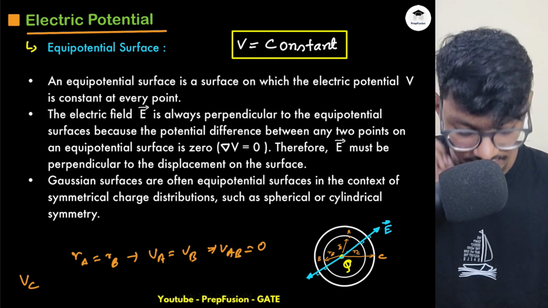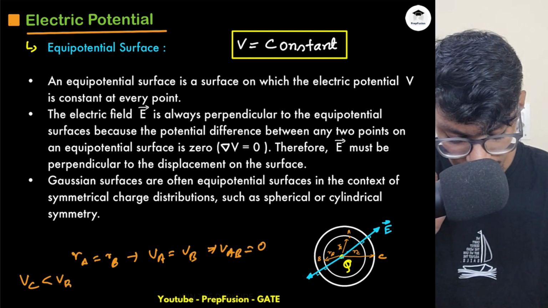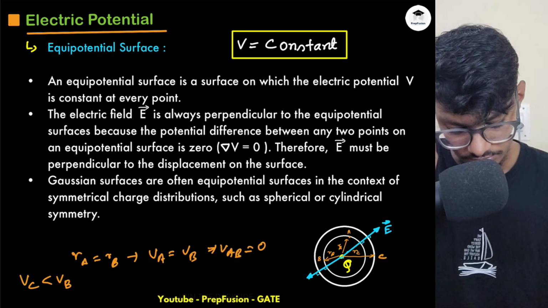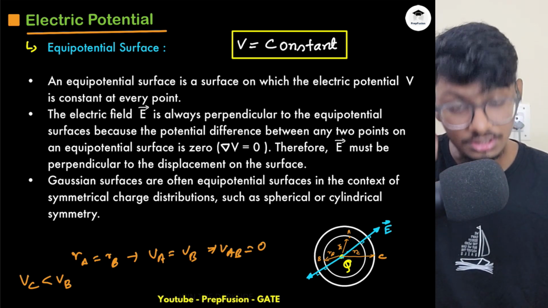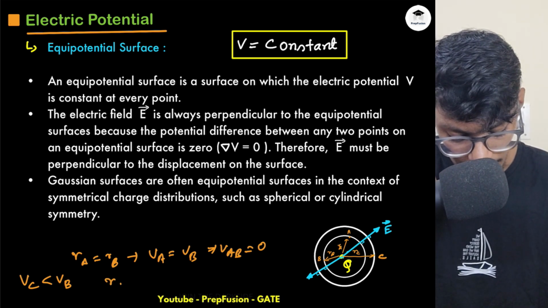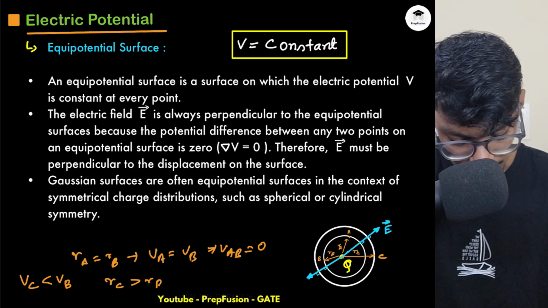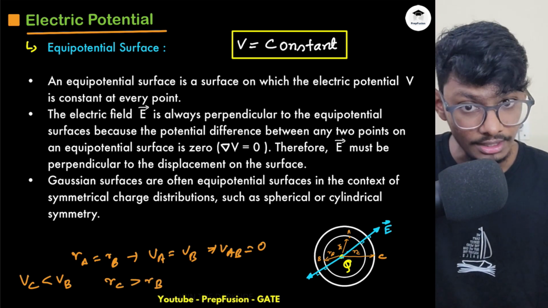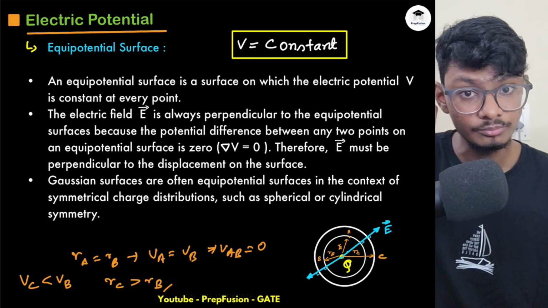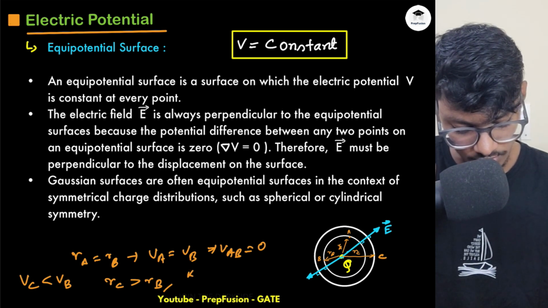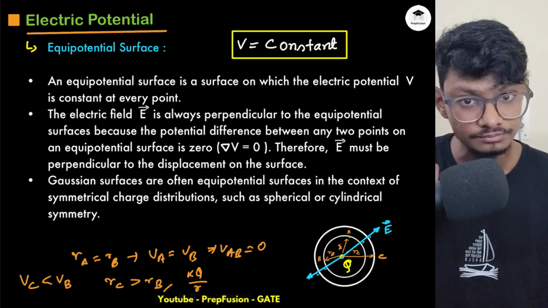I can say that VC will be less than VB or VA. Why is that the case? Because RC is greater than RB, and the electric potential expression is KQ by R.